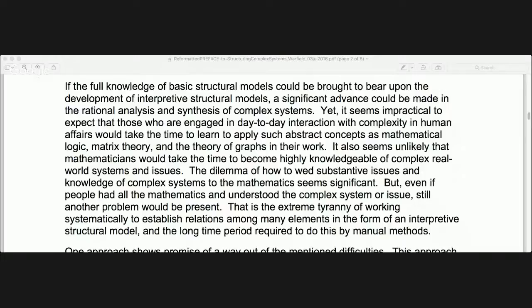So if we could take our knowledge of mathematical systems and somehow map them correctly onto our social technical systems, that would be a great advance.